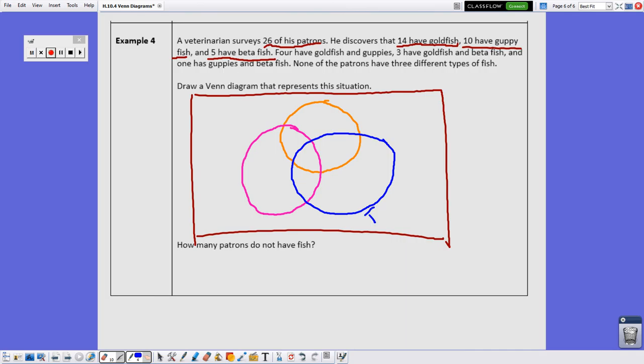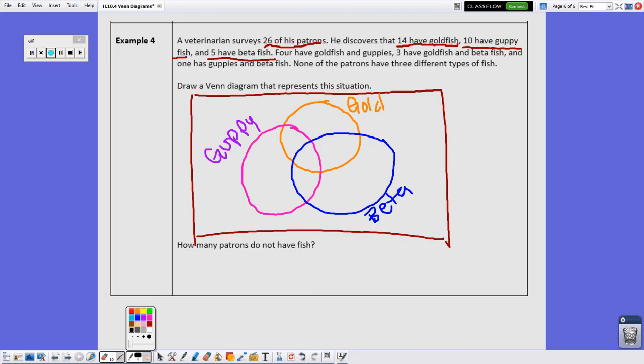Okay, so I'm going to just go ahead and label betta, gold, oops, that's purple, and guppy. And just like I said on the last example, we want to make super sure that we're starting in the very center if we can.